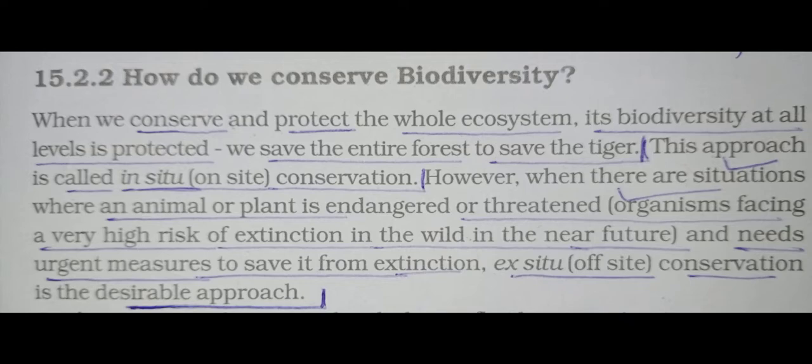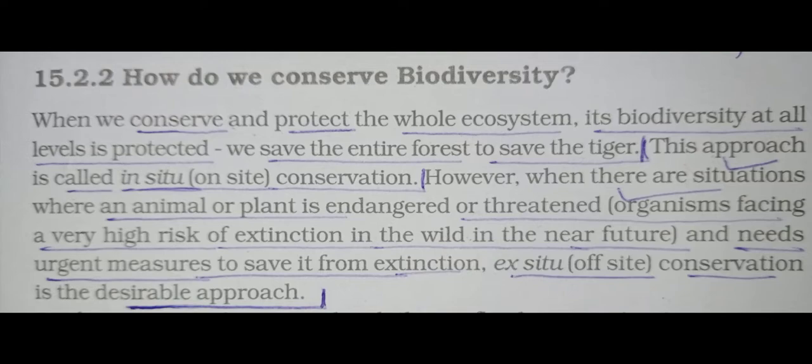And you can see this paragraph, we will revise this paragraph also. When we conserve and protect the whole ecosystem, its biodiversity at all levels is protected. We save the entire forest to save the tiger. This approach is called in situ, meaning on-site conservation.